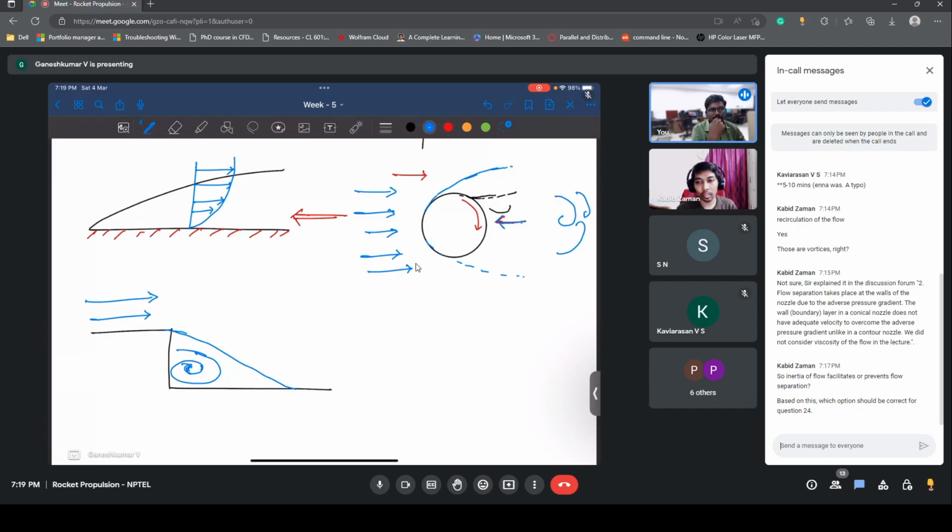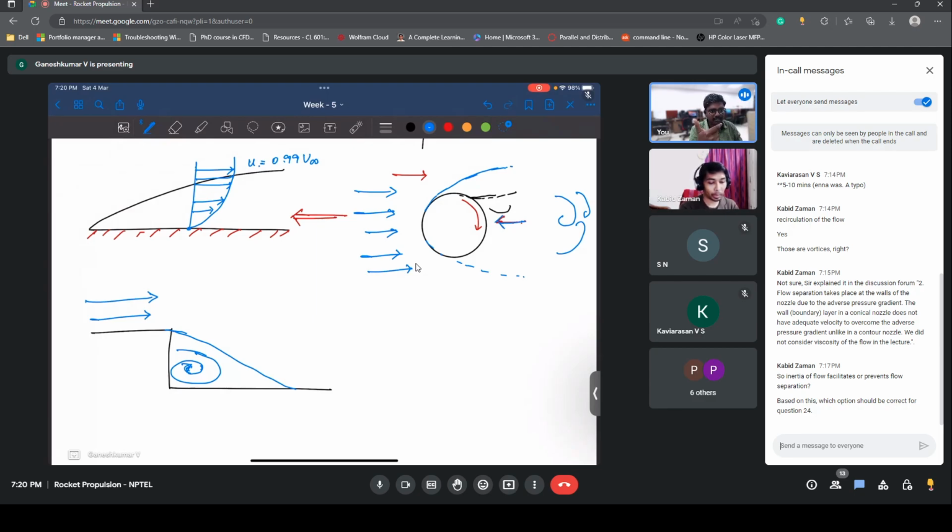The boundary layer is always going to have low velocity. If you look at it here, it's going to be zero, and here it reaches u infinity, or let's say 0.99 times u infinity. And u infinity is going to be very high because it's a supersonic flow, right? So you cannot say it is because of low velocity, since in the boundary layer it anyway reduces to zero.